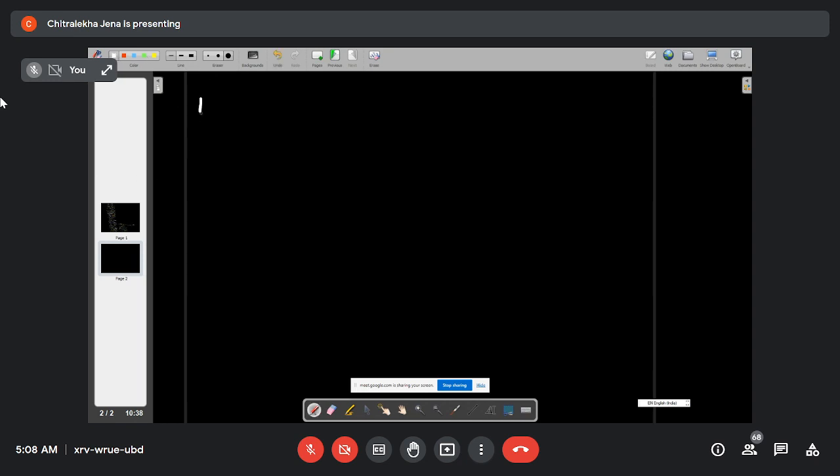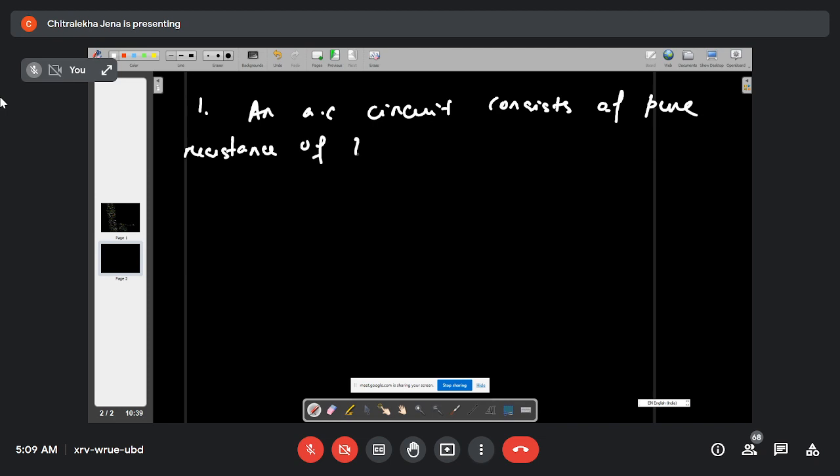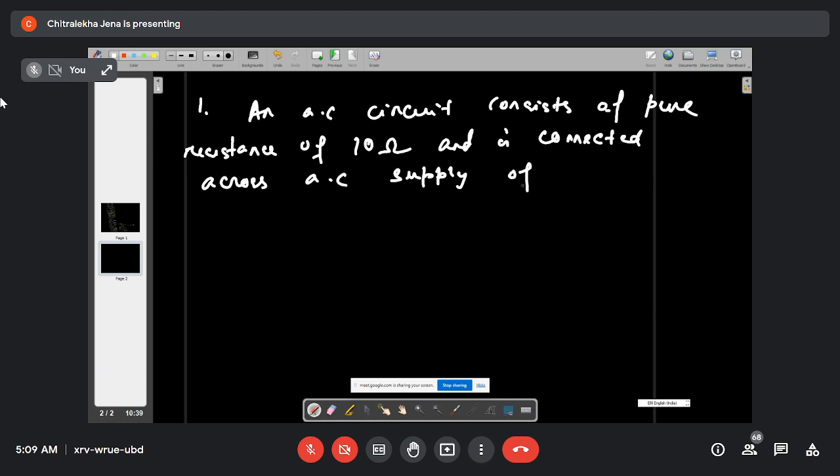Keep a calculator near you. An AC circuit consists of a pure resistance of 10 ohm and is connected across an AC supply of 230 volt 50 hertz.